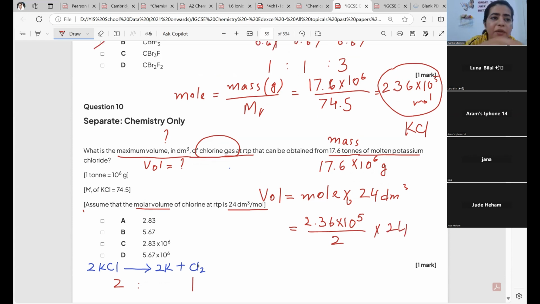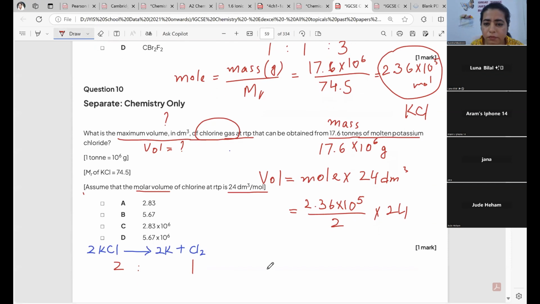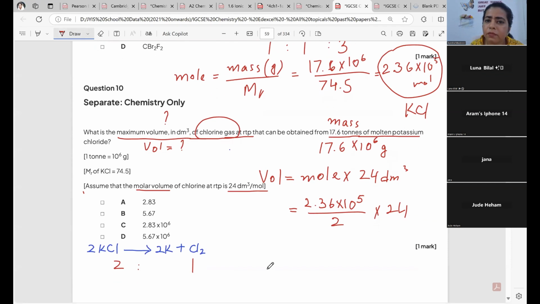Now solve it and get the final answer. In question number 6, we divided by 1. Yes, I will check again. No, divided by 1 means nothing.